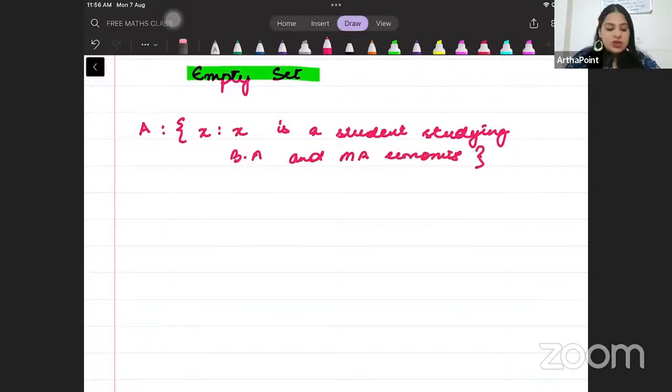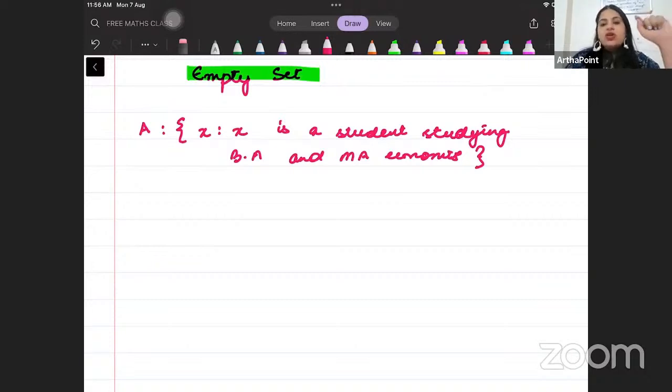But this is not possible, that a student is doing both BA and MA at the same time. He will either be doing BA or MA, but he cannot do both things at the same time. So beta, this set is an empty set.